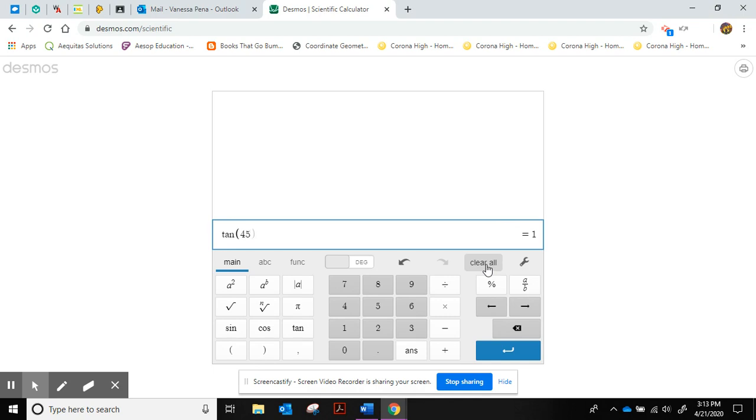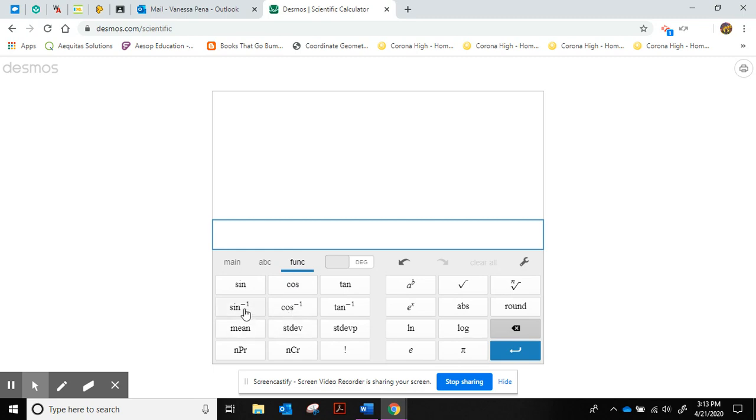Okay. We will be learning also how to find the sides of a right triangle by using sine, cosine, and tangent functions. I will show you how to do that in a future lesson. I believe it's the next one, so we'll get ready for that. And even after that, we're going to be looking for angles of a right triangle by using what we call the inverse sine function, the inverse cosine function, the inverse tangent function, and that will be here under function.